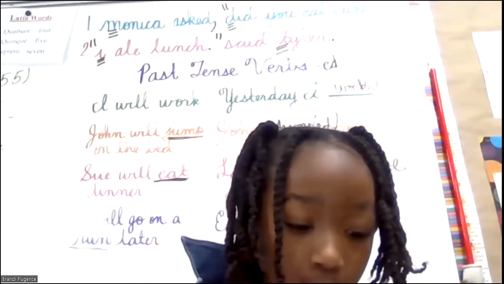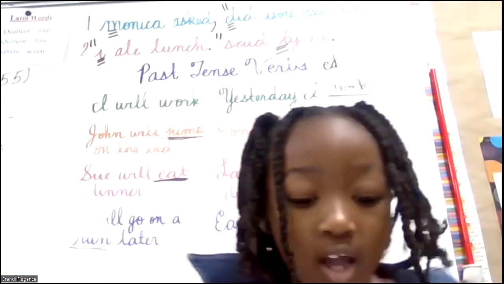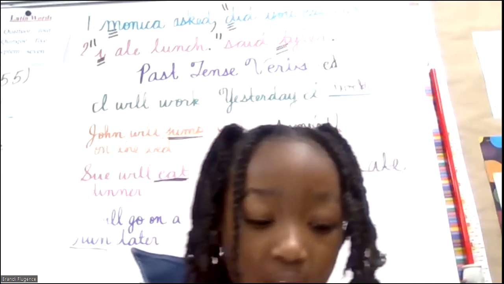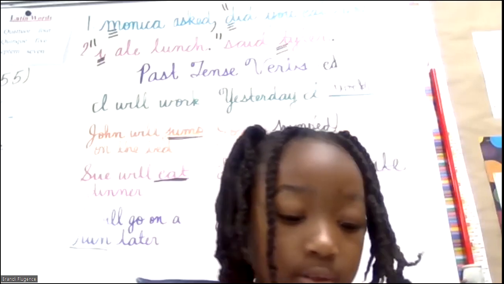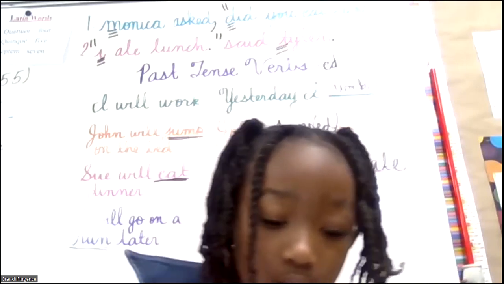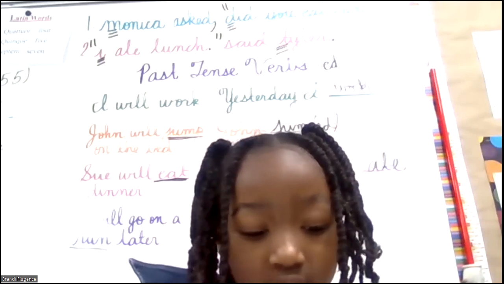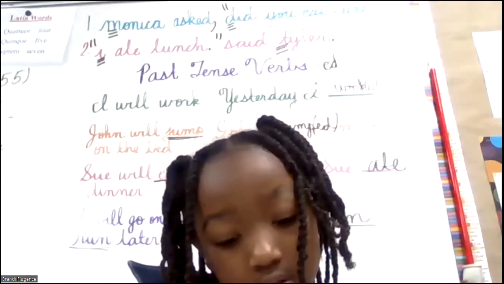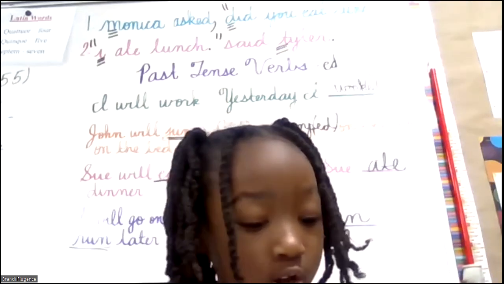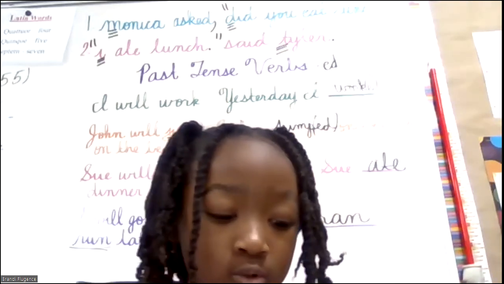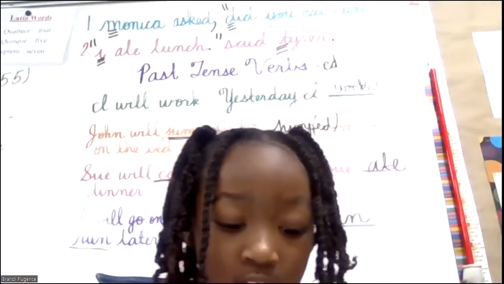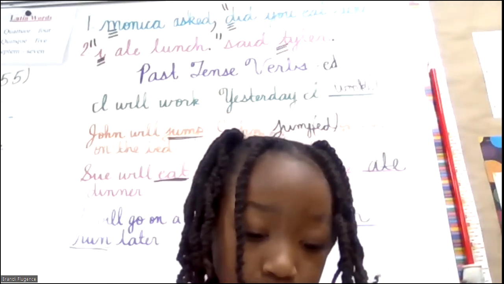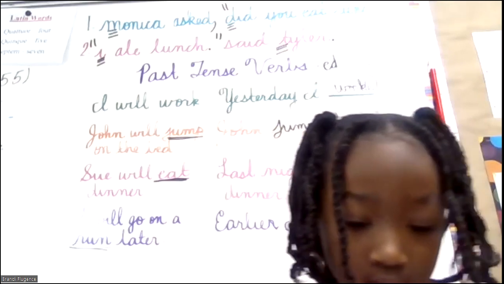Next one, look at the G. The word is. Next, again, G followed by E, so it will say J. The word is. And our last one, we have DGE and PL. The word is. They both say the same exact sound. They both say.